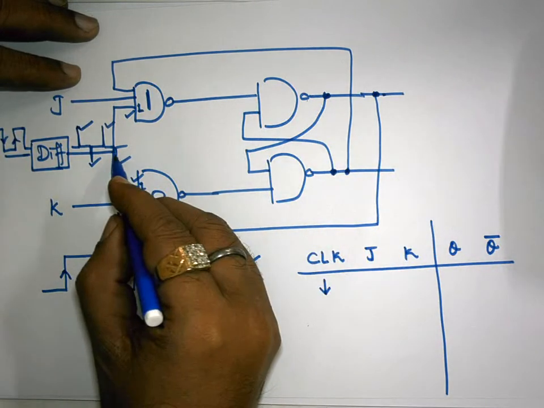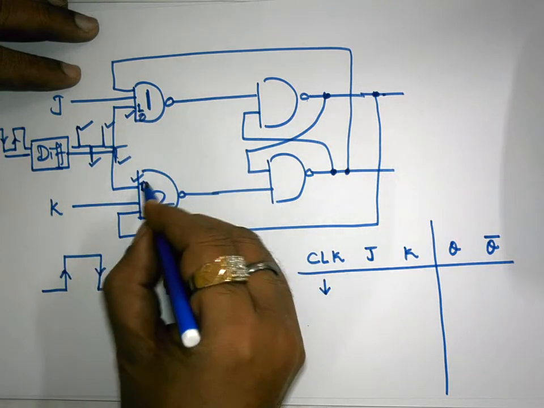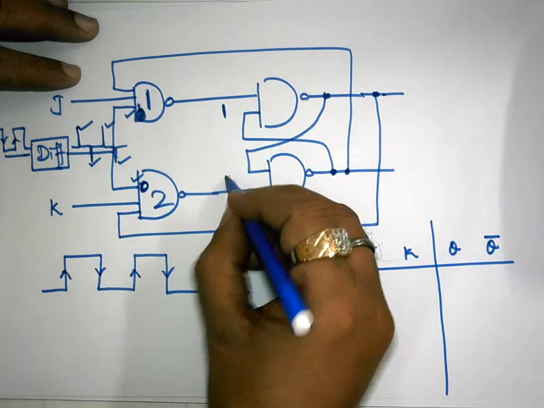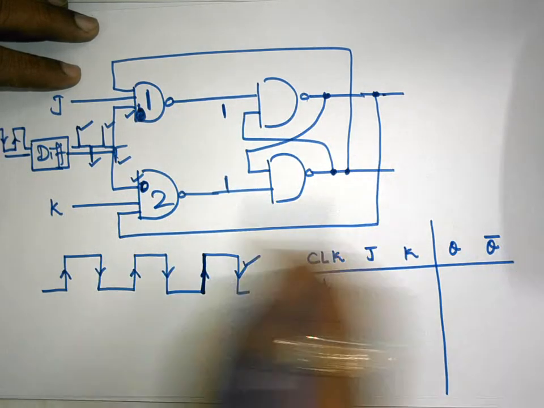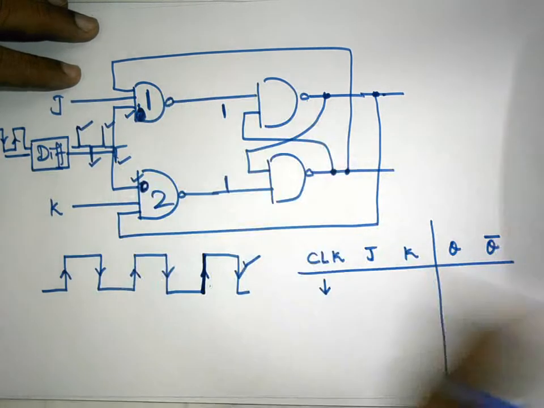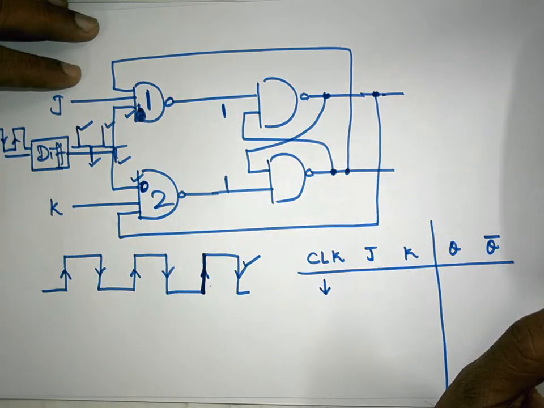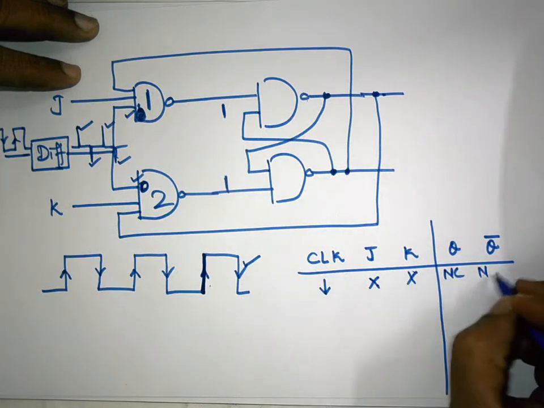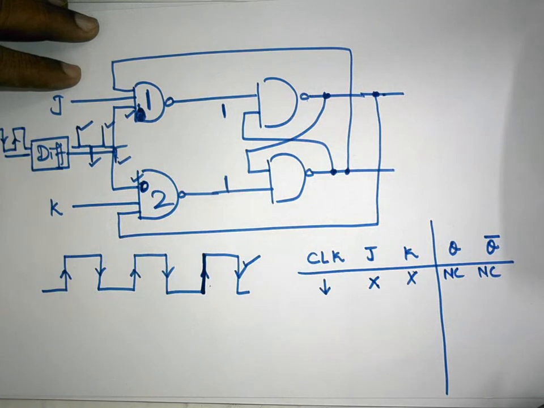Negative spikes mean you are getting 0 at this point, and getting 0 at this point will definitely make these outputs 1. Whatever is coming at the other input, no matter, it is not going to make any difference. So whatever occurs at J and K, don't care, the output is always obtained as no change.